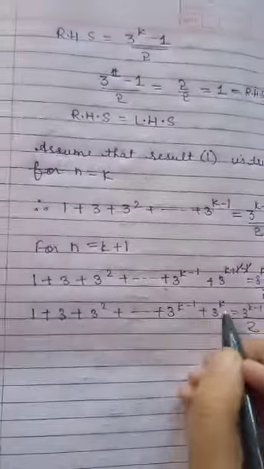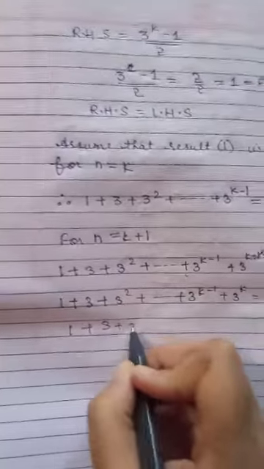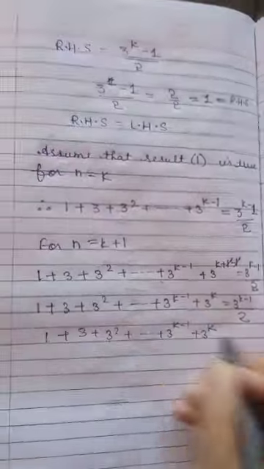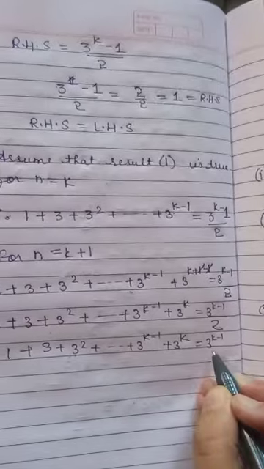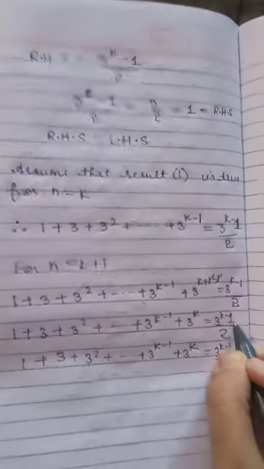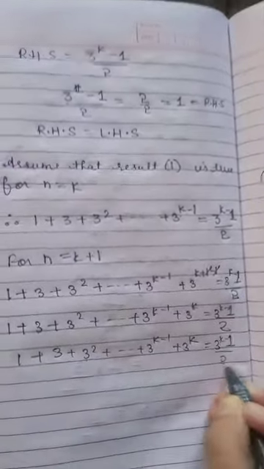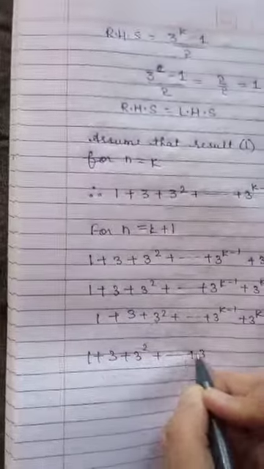Then here, adding 3 raised to power k on both sides, on the left we have 1 plus 3 plus 3 squared plus ... plus 3 raised to power k minus 1 plus 3 raised to power k, and adding it on the right hand side, it becomes (3 raised to power k minus 1) upon 2 plus 3 raised to power k.